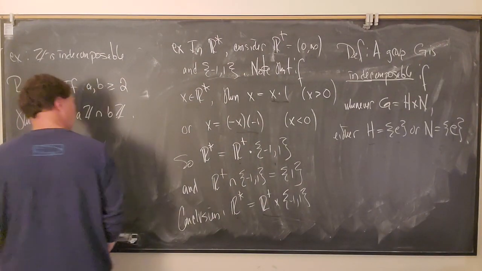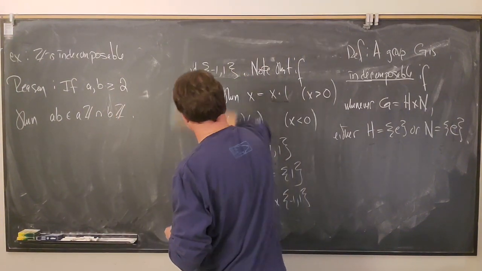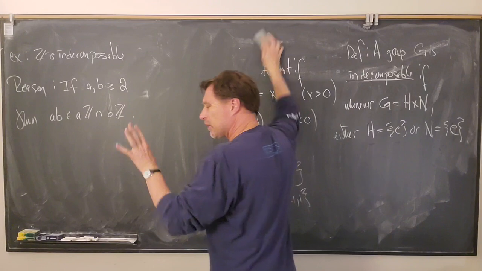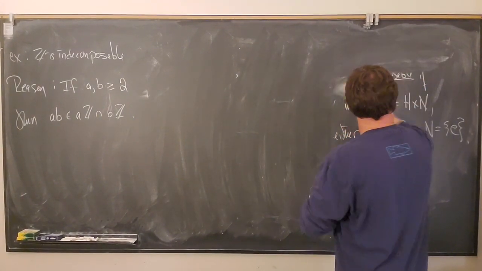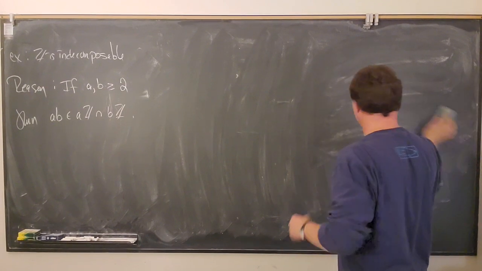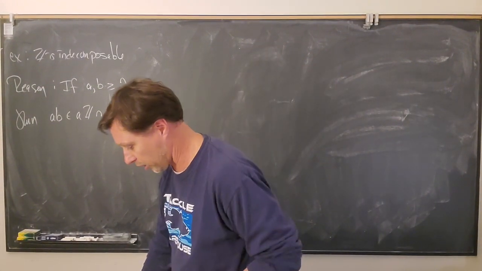So as a kind of final discussion on this idea of internal direct product, what I want to do, and I kind of alluded to it yesterday, is this: we use the term direct product in two different settings, as an external direct product and an internal direct product.